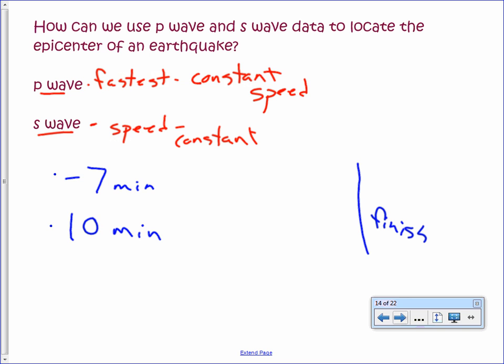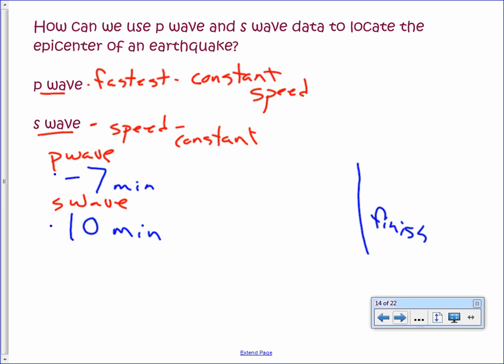This is exactly what happens with the P waves and S waves. Okay? So if this is the P wave and this is the S wave, and scientists are measuring those, because they are known speeds, there's actually a graph, and you can read it right off the graph.